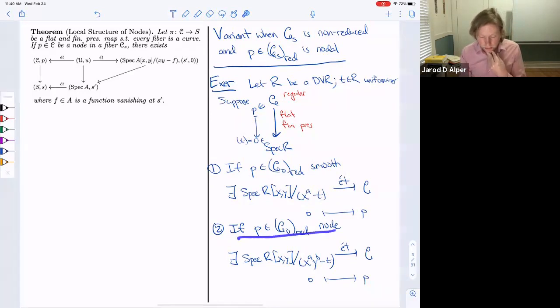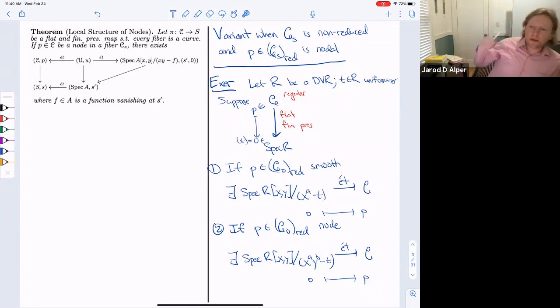And when it's a node, then you can have exponents A and B inside here, so that the central fiber is a union of thickened axes, perhaps with different weights. But we'll use that later when we discuss stable reduction.